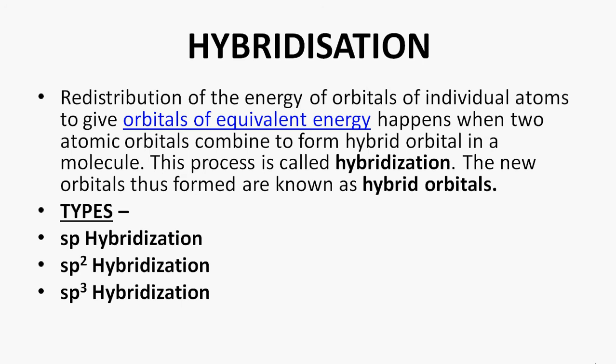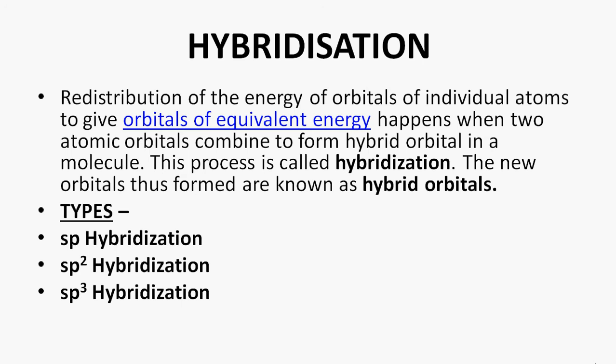Redistribution of the energy of orbitals of individual atoms to give orbitals of equivalent energy happens when two atomic orbitals combine to form a hybrid orbital in a molecule. This process is called hybridization. The new orbitals thus formed are known as hybrid orbitals.